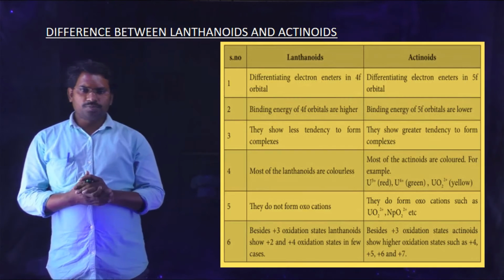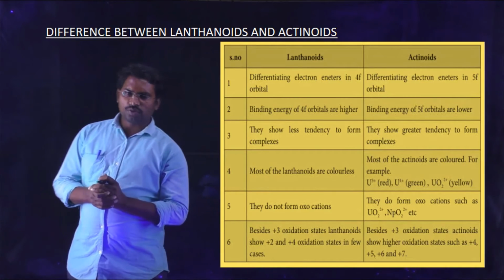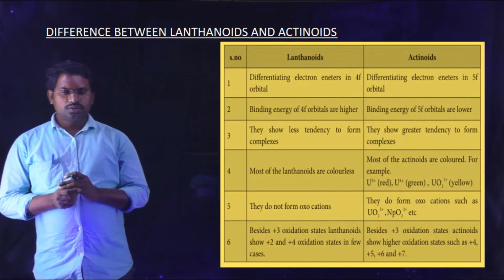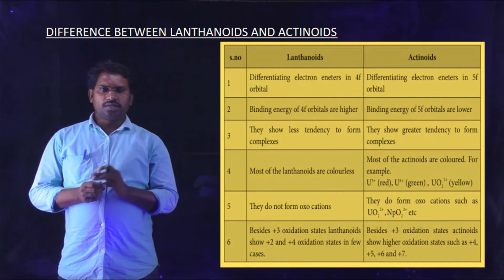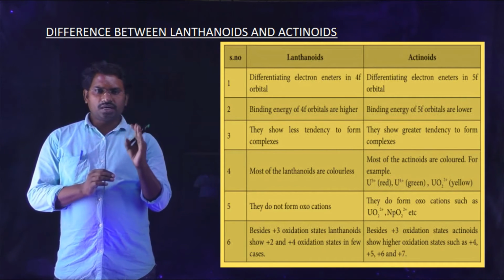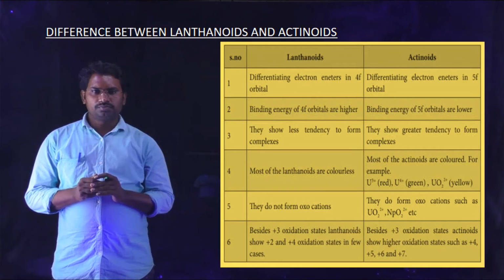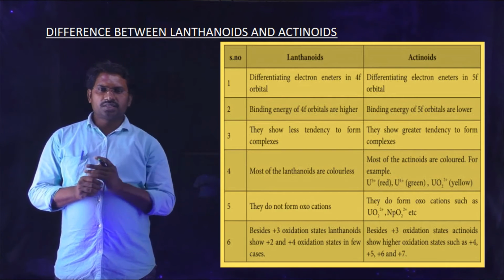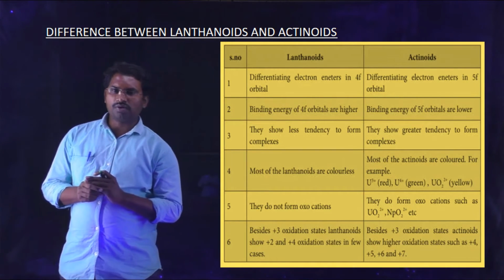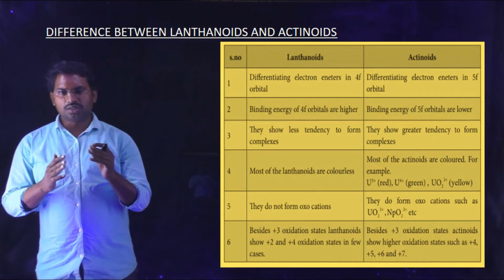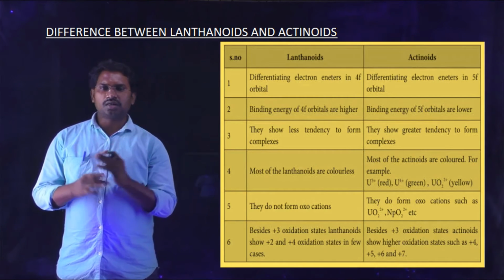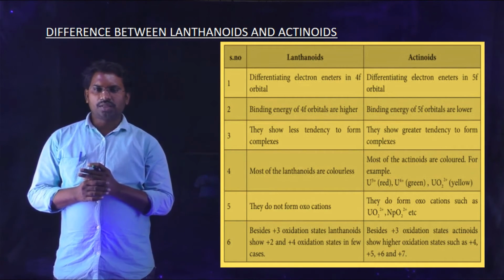The differences between the lanthanoids and actinoids, once you look at the table. First difference: in lanthanoids, the differentiating electron enters the 4f orbital. In actinoids, the differentiating electron enters the 5f orbital. So this tells the general electron configuration of the lanthanoids and actinoids.